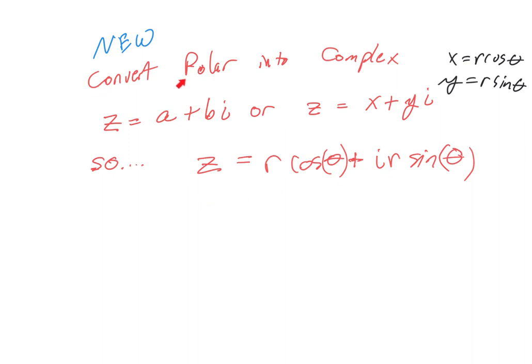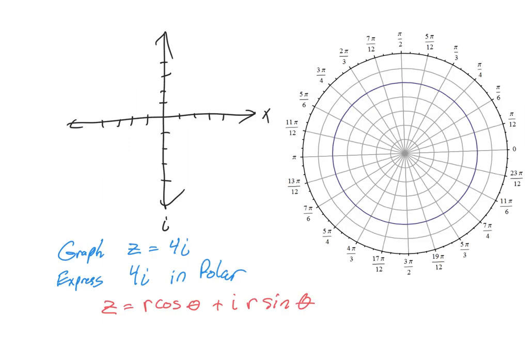So now we've taken some complex number and converted it into polar. What does that look like in an actual problem? Good question, you ask. So I'm going to start by taking the complex number 4i and convert it into polar form. What I first need to think about is my graph of z equals 4i.